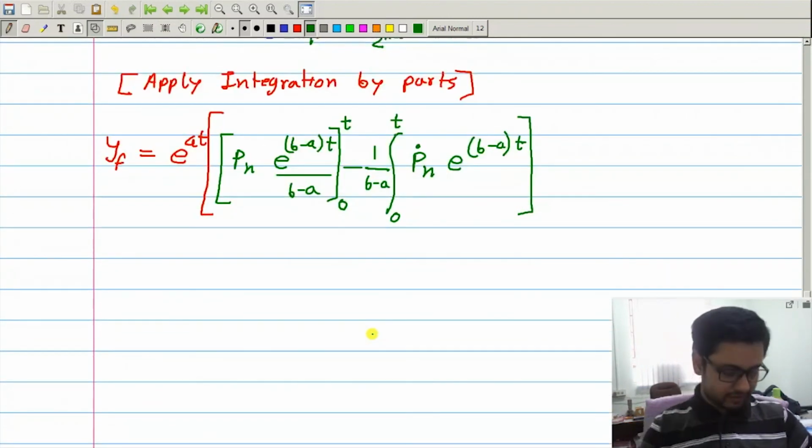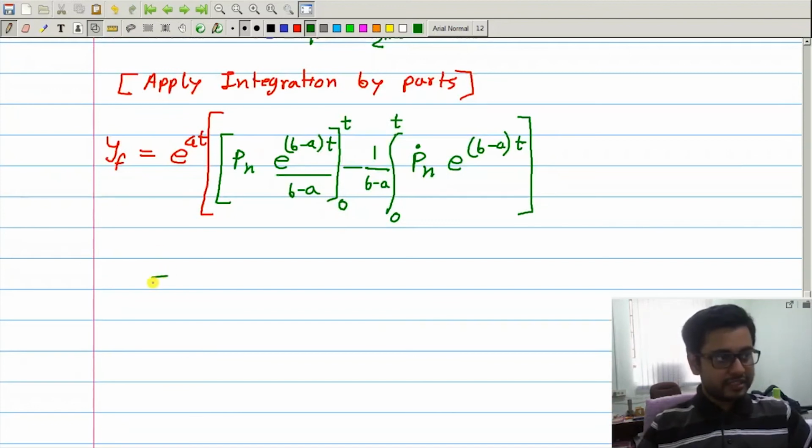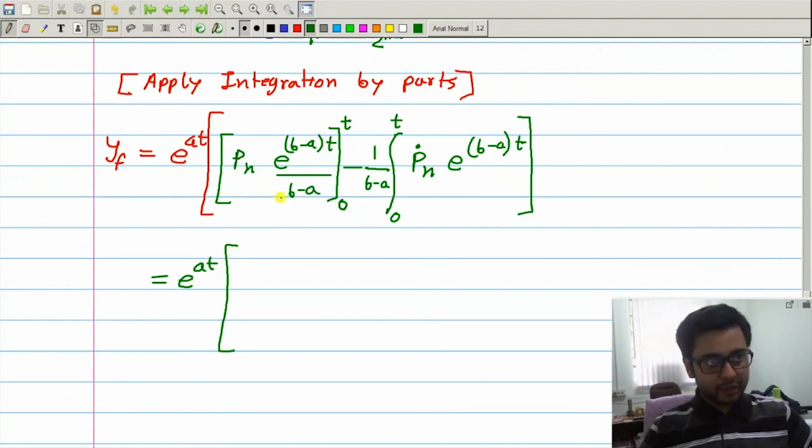Next, we can write this as e to the power at, and then this first term will become a polynomial of degree n, not necessarily the same polynomial, call it P prime, multiplied by e to the power (b minus a)t, and this factor is absorbed inside this polynomial.